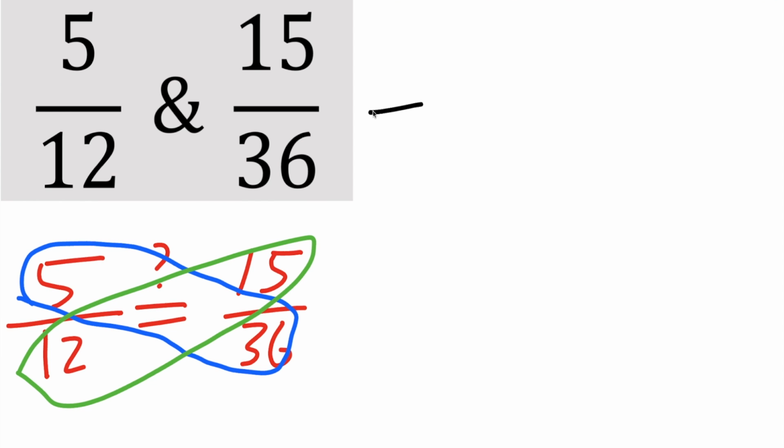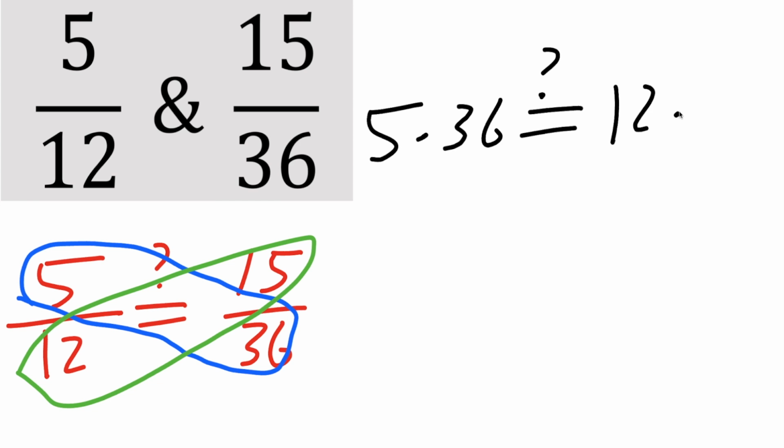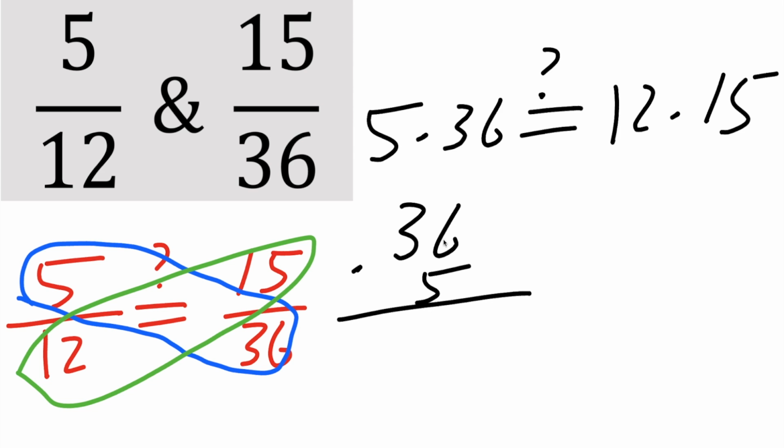And we have 5 times 36. We don't know yet if it's equal, with 12 times 15. So we got to do some multiplication. So 36 times 5. 5 times 6 is 30. Put a 3 on top. 5 times 3 is 15. Plus 3 is 180.